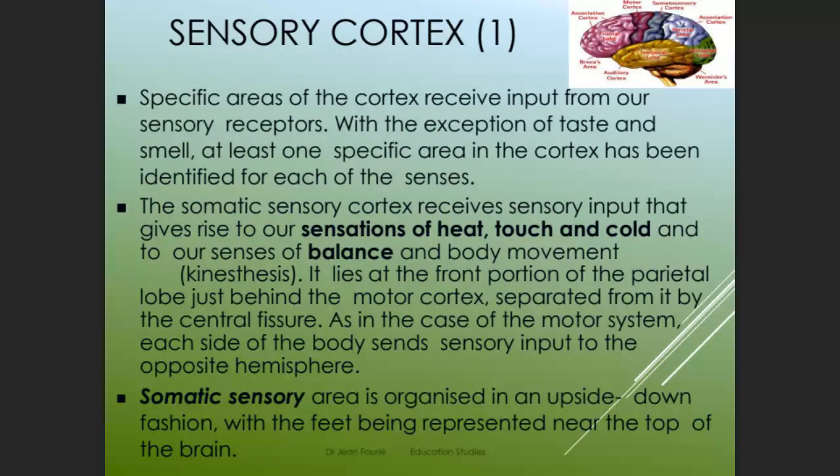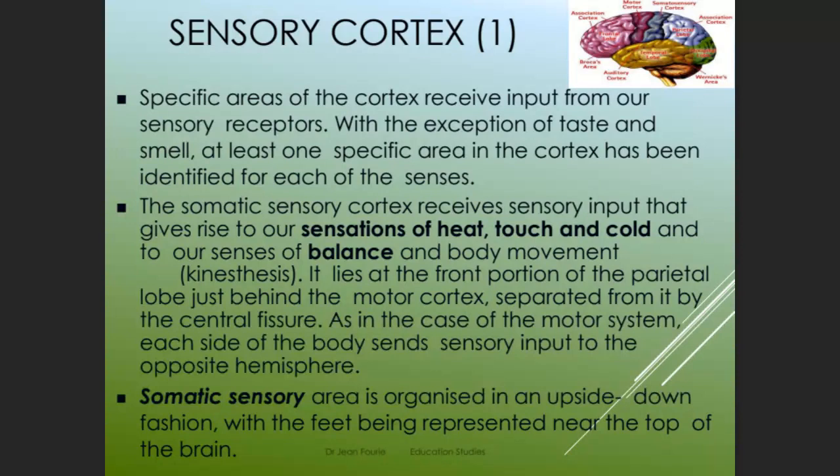So the input is where in the brain these are made sense of: the sensations of heat, cold and touch, and even balance, kinesthetics, body movements. These senses are all perceived and made sense of in unique areas in the brain.